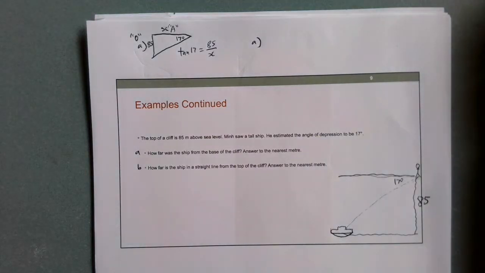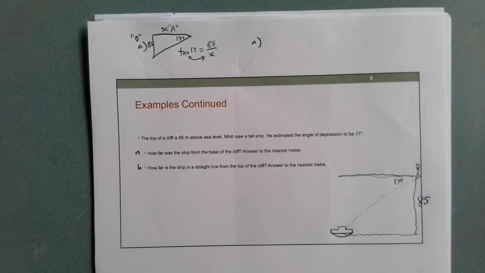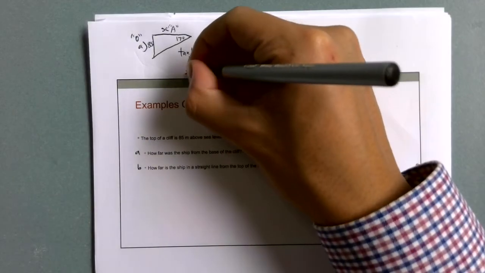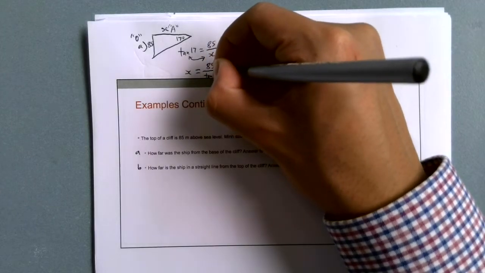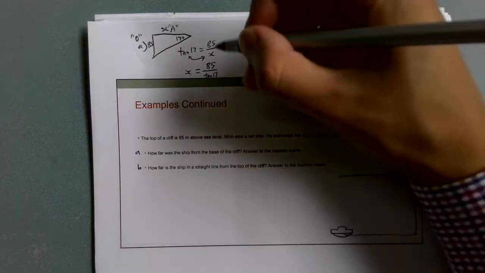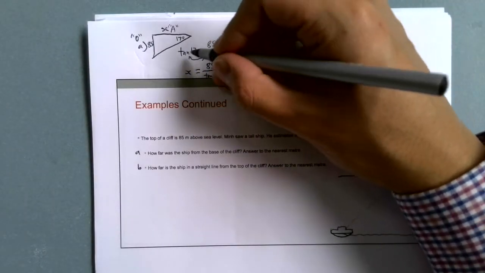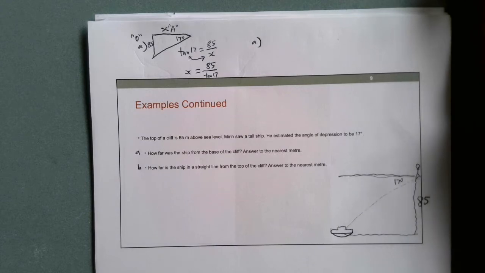Now if you remember from last lesson, if you have a letter on the bottom and a bunch of numbers on the other side, we can just swap them and end up with 85 over tan 17 as a little bit of a shortcut. Otherwise, you can times both sides by x, divide both sides by tan 17, and you'll still get the same line of working.